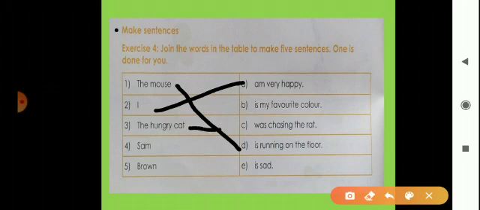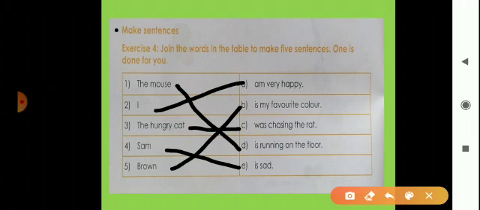Look here. Chasing means chasing after someone, running behind someone. The hungry cat was chasing the rat. Then Sam. Sam is sad. Okay. And brown. Brown is a color. So the sentence of color is here. Brown is my favorite color.